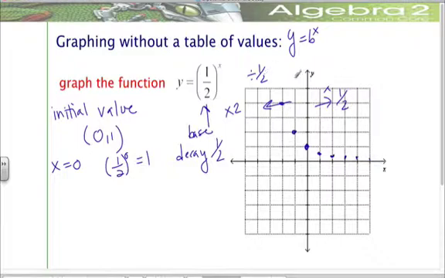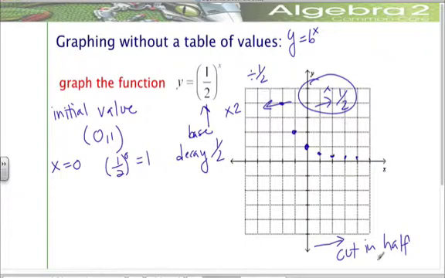And this makes sense because it doesn't matter where I start. As I travel to the right, my y values are getting cut in half. So for example, if I started right here, where my y value is 4, cut that in half and we get a y value of 2. Cut that in half, and we get a y value of 1. Half of 1 is a half, half of a half is a fourth, etc. So as we travel in this direction on the x-axis, my y values are cut in half.